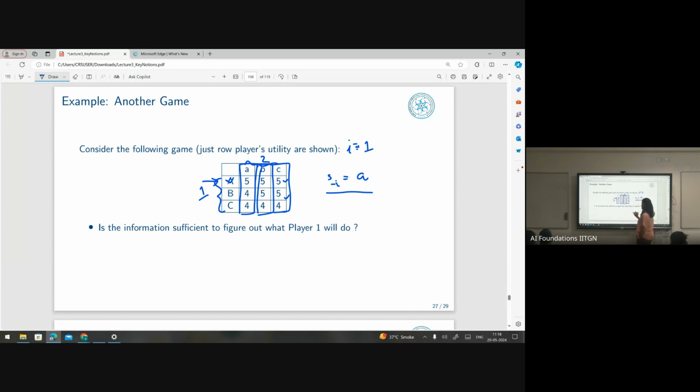So utility of agent 1, when agent 1 is playing capital A and S minus I is anything, is greater than utility for Si, comma S minus I, here.